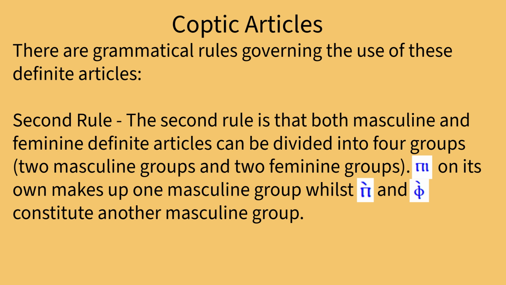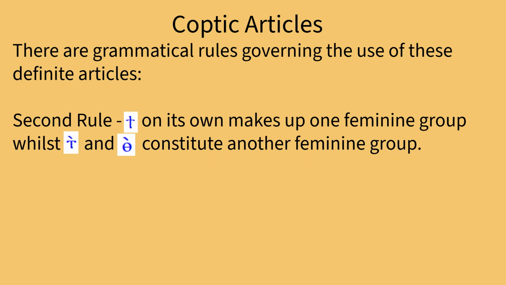So, be on its own makes up one masculine group, while ab and ab constitute another masculine group. Then d on its own makes up one feminine group, whilst ad and at constitute another feminine group.